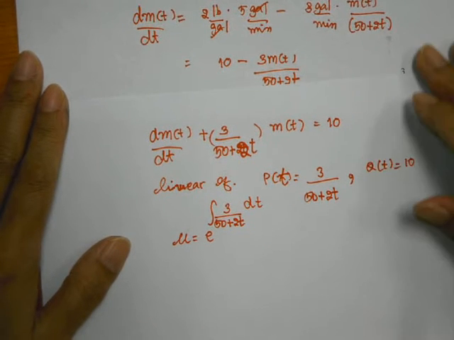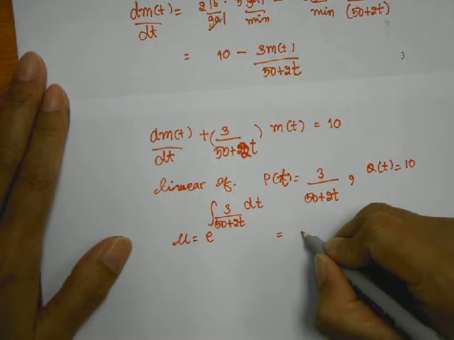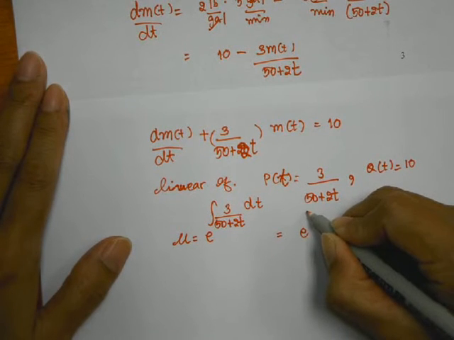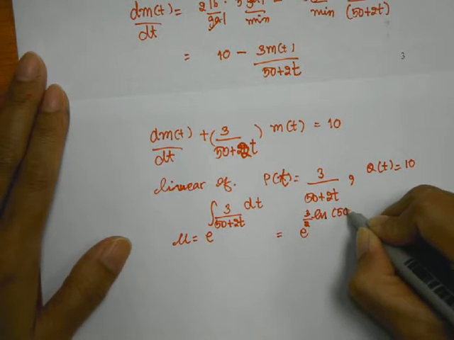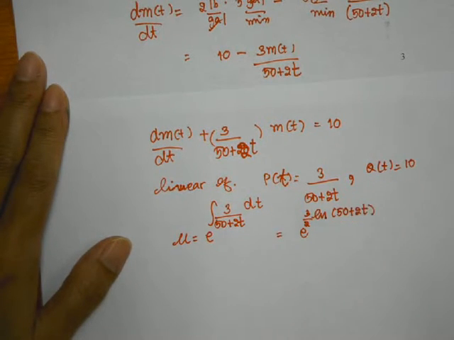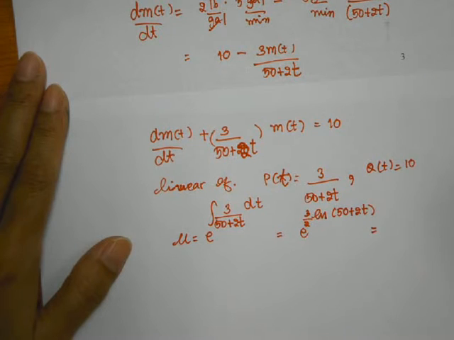We do the integral of this one, what do we get? The exponential of 3 over 2 ln(50 plus 2t), which is equal to (50 plus 2t) to the power of 3 over 2.